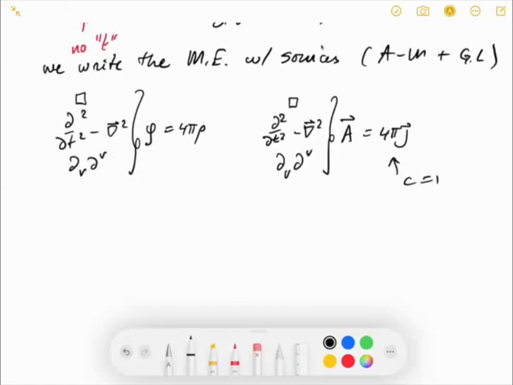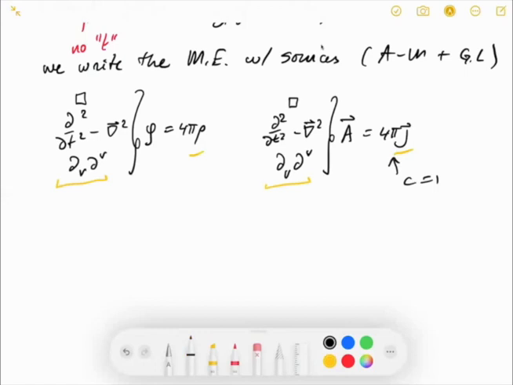So we know that now rho and J are part of this current 4 vector. And we know that this is an invariant, and that's an invariant operator. So we can actually combine these two in one go.